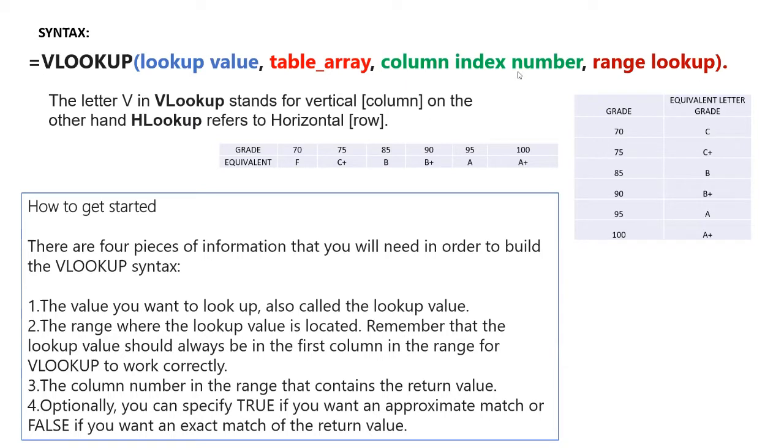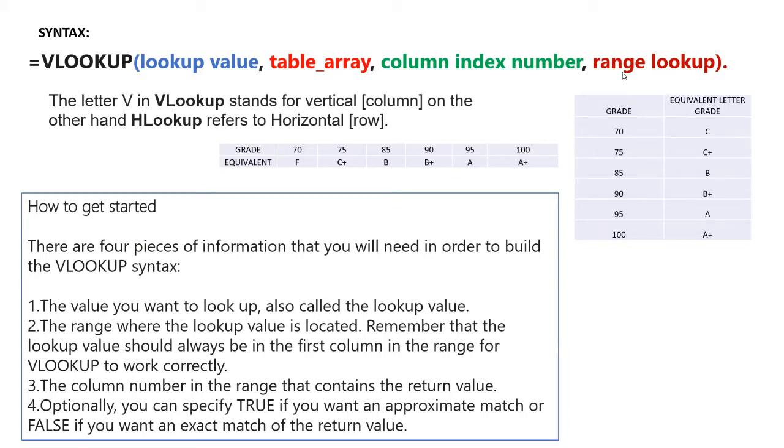The third argument is the column index number, the column number in the range that contains the return value. So for this example, if you want to search the equivalent value of this grade, the column index number is column 2, because this is the column that contains the return value.